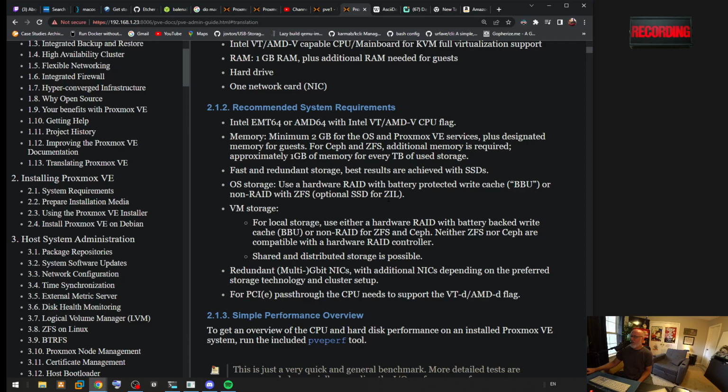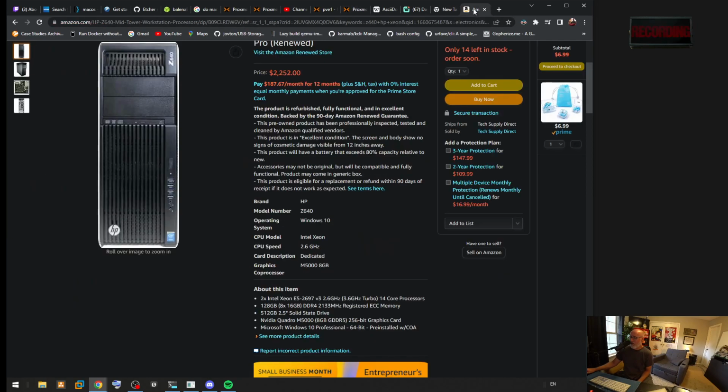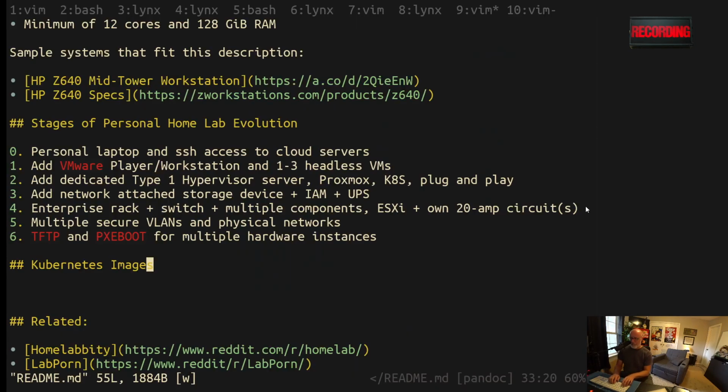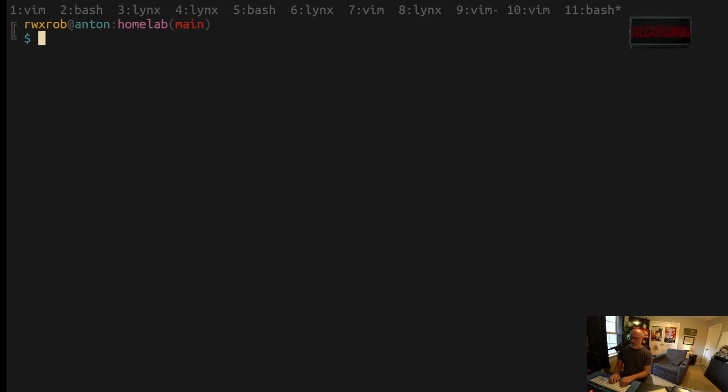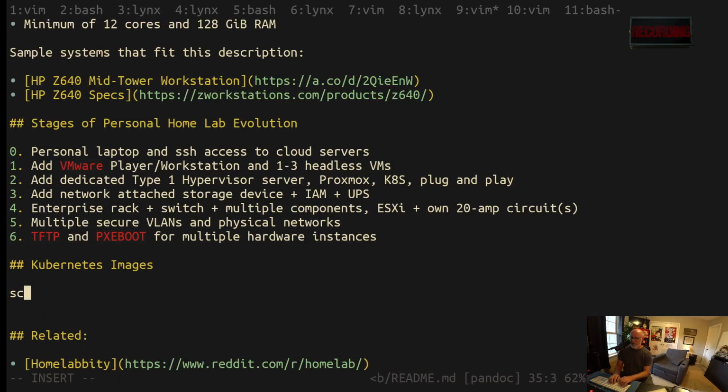So half a terabyte is 512 gigabytes divided by, let's say, 30. Equals 512 divided by 30. Run that through bc. So 17 gigabytes each, that's all.